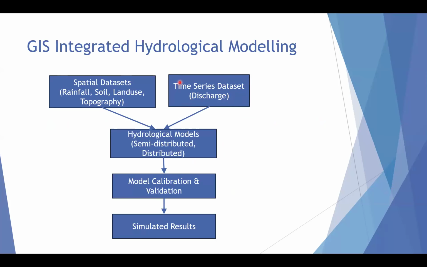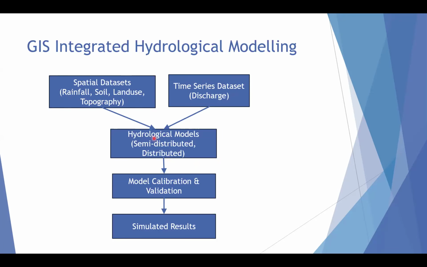So you can say time series is the temporal data set and the others are spatial. But again, rainfall is actually considered spatio-temporal. That means it is going to vary spatially and also temporally. So if we take rainfall, it will be a spatio-temporal variation, right?